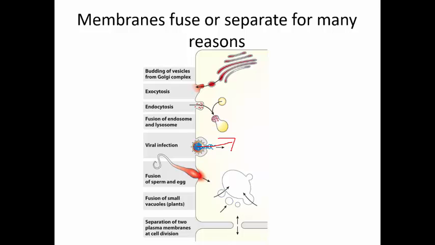But then something that is important that it'd be able to happen for any of us to be here is the fusion of the sperm and the egg. So in order for the sperm cell to get into the egg cell and mix up the genetic material, the sperm membrane has to fuse with the egg membrane. And there are plenty of other examples out there, so I just don't want to give you the impression that this is all of them. This is sort of a variety to give you an idea.